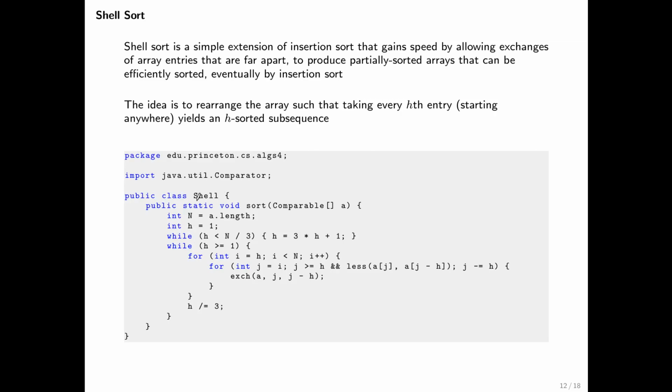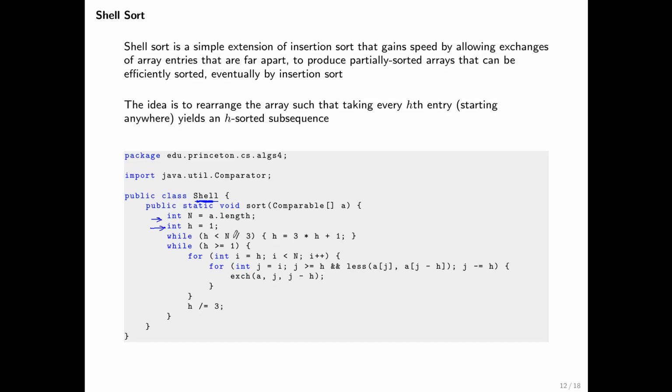This program is called Shell, and it has exactly the same structure as the other sorting algorithms. Here is the sort method, which is given an array of comparables. What we do first is get the length of the array as capital N, and then we initialize the variable h to 1.